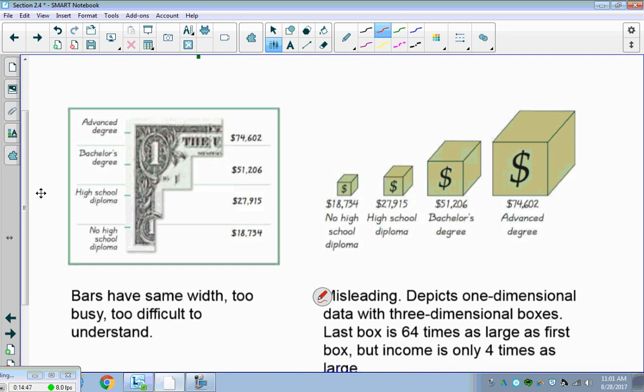Okay? This little cube, I wonder how many of those little cubes would fit into that big cube. A lot more than 3 times, 4 times, right? Exactly. It's not that big of a difference, right? It's 4 times. It should be 4 times, so in actuality this should be 4 of these blocks. But what they've done is they've gone 4 this way, and 4 this way.